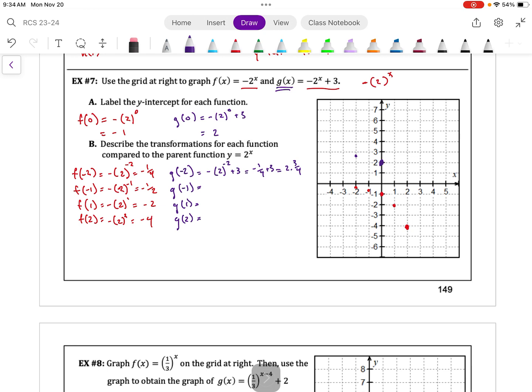And I can actually use that strategy to keep going. So this would be negative 2 to the negative 1 plus 3. That's going to be 2.5 or 2 1/2. g of 1 would be negative 2 to the 1 plus 3. That's just going to be 1.